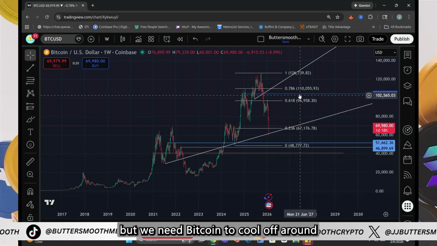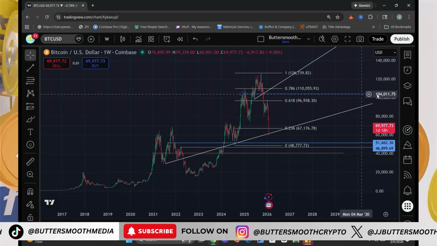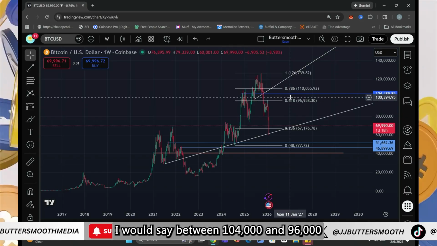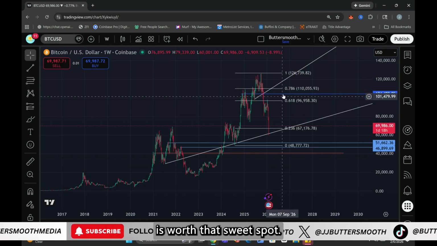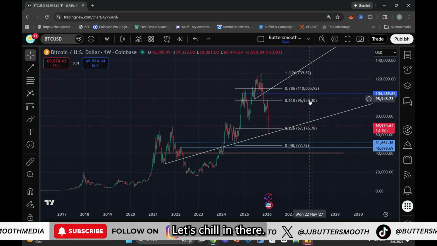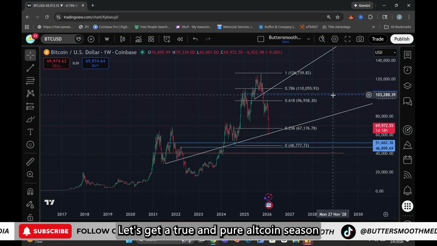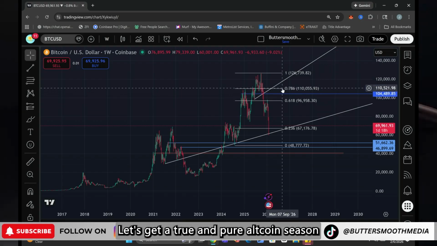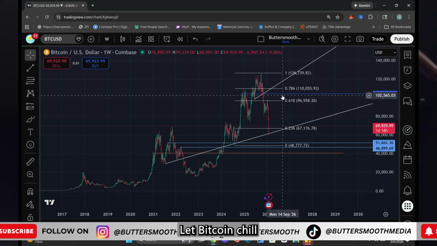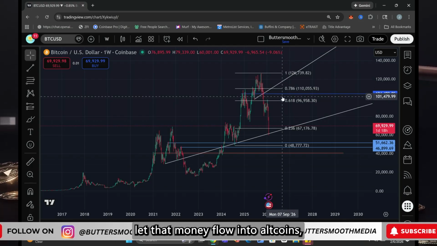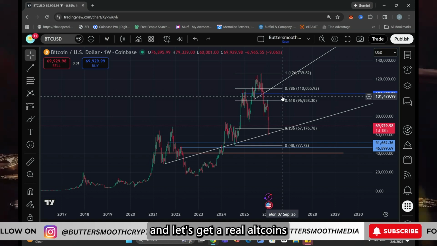We need Bitcoin to cool off around this level, between 104,000 and 96,000 is the sweet spot. Let's chill in there, let people take some profits and throw it into altcoins. Let's get a true and pure altcoin season going. Let Bitcoin chill and relax a little bit to let that money flow into altcoins.